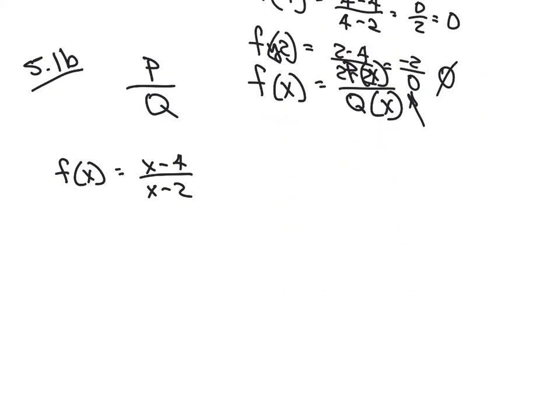Okay, let's see if I can get this up and out of the way. And we're going to look at example 8. Find the domain for each function. So what they give us is f of x equals x minus 4 over x minus 2. And what they're interested in is finding out what numbers we can put in for x. So we can put in all numbers except 2.